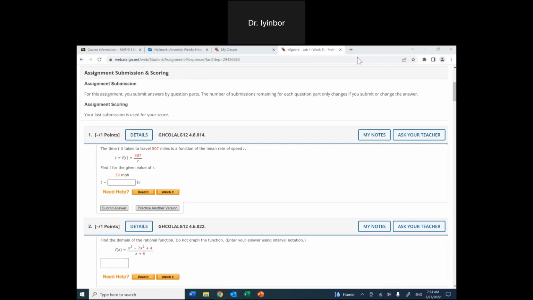So what you need to do is just replace r, the speed, with 39, so plug that 39 in the formula, and technically you divide 507 divided by 39, and whatever you get, that's the answer. That's how many hours you're going to travel that 507 miles at 39 miles per hour. So I get 13, and that's going to be the answer, 13.